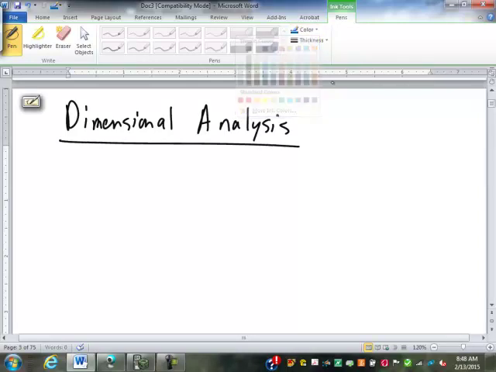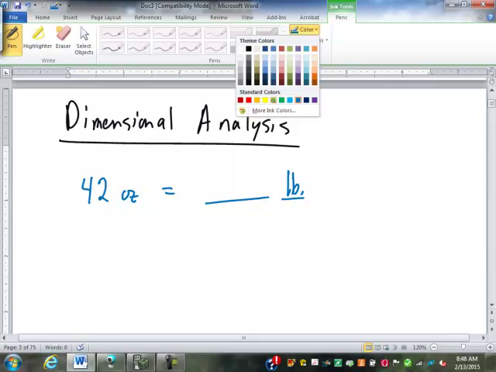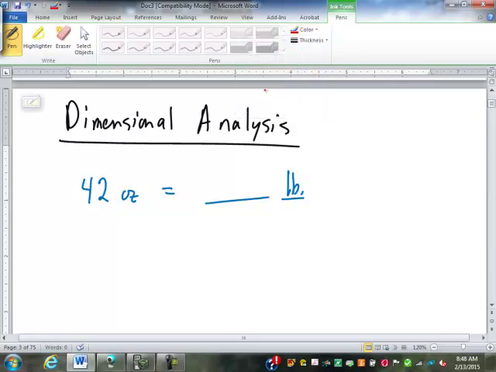But anyway, to convert units, let's say I have 42 ounces. And I want to know in decimal pounds, what does that come out to be? Well, many of us, we've worked with ounces and pounds enough. We know that the conversion is 16, and we know we're going to multiply or divide by 16.